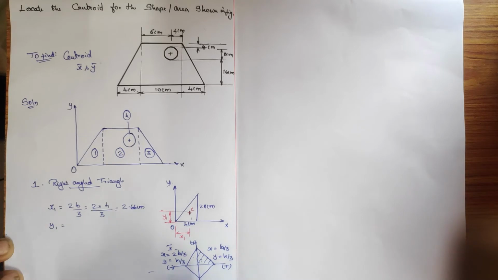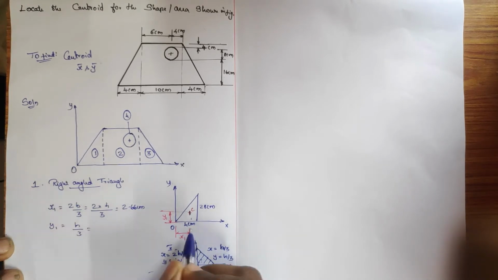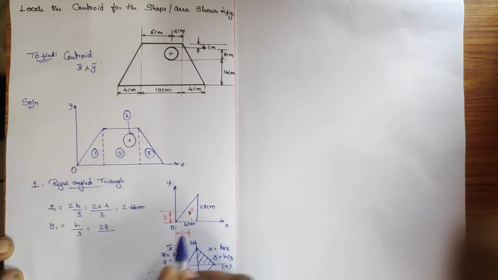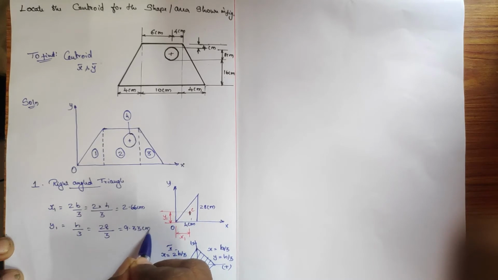The y1 formula is h divided by 3. So h is 28, divided by 3, so you will get the answer as 9.33 centimeter.